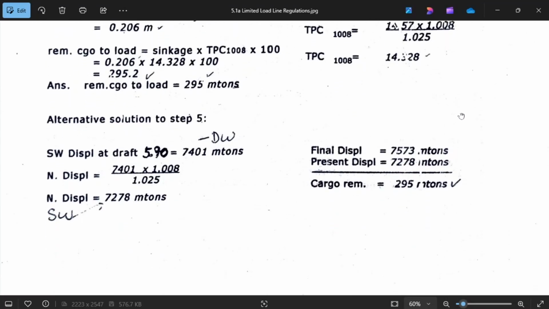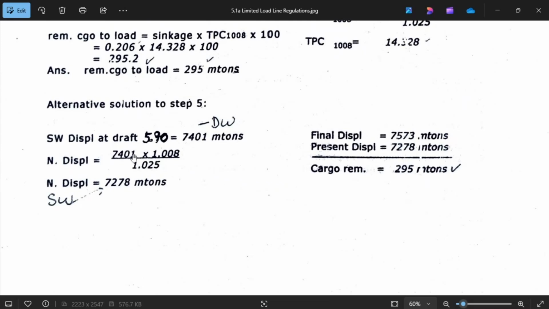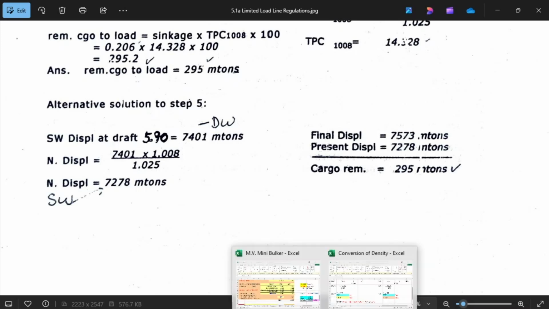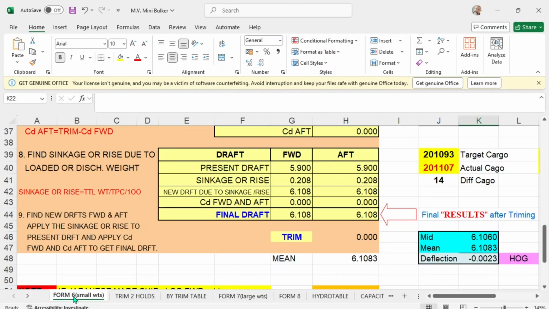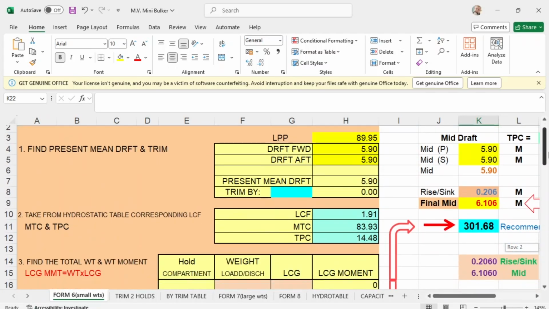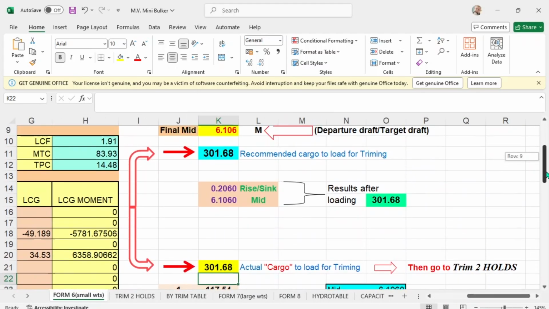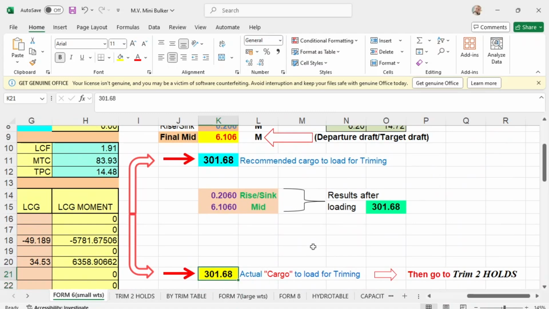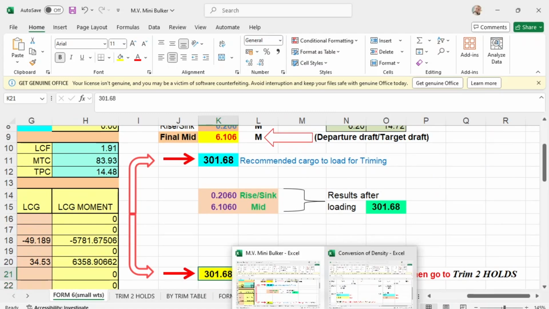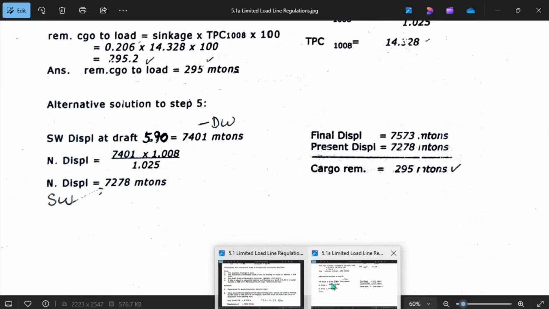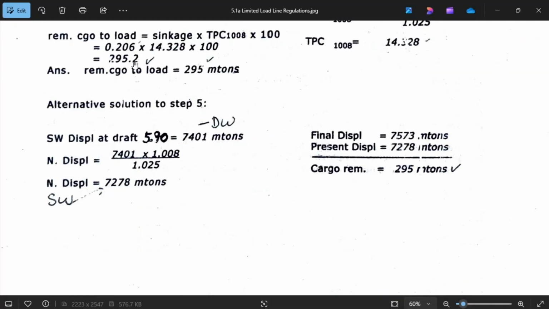Now here she has another solution, the alternative solution, but take note of this figure, 295. Okay, we'll just put 295 for example. What happens if you put 295? It says 295 remaining cargo to load.